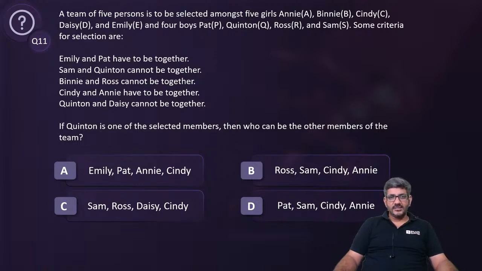Varun Mehta has answered. We got one answer till now from Varun. Soumya Srivastav has answered. Good. Anish has answered. Charvi has answered. Shivam has answered.